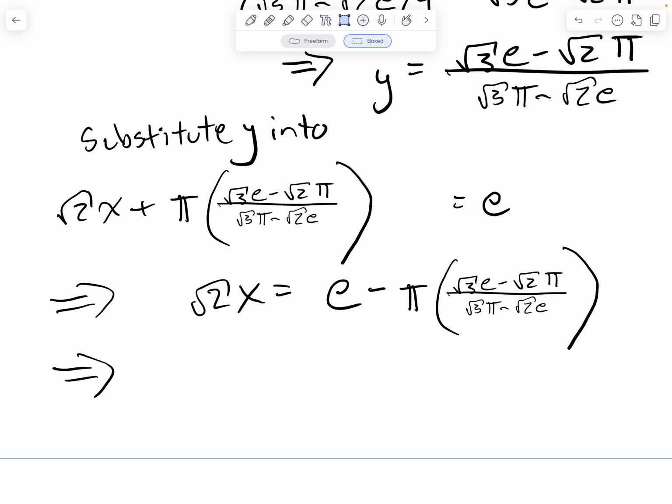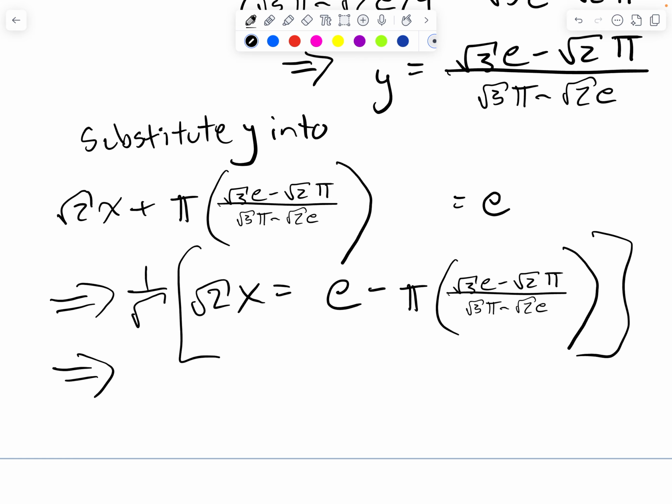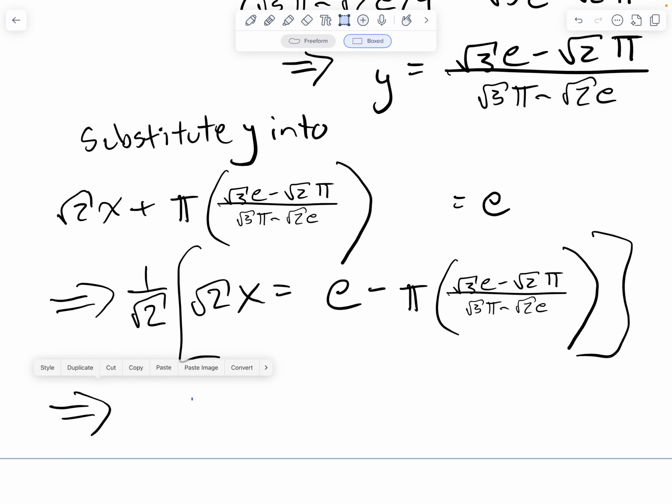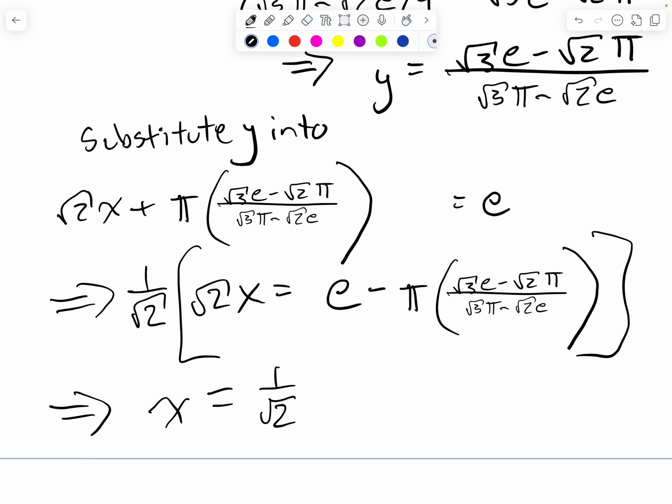Let's multiply both sides of this guy. And again, I'm going to use non-standard notation. I'm going to multiply everything by 1 over root 2 instead of simply dividing by root 2. Root 2 over root 2 gives me x. Let's move this little guy down here. X. And I have 1 over root 2.